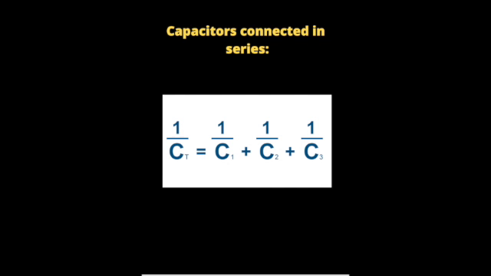And we can rewrite that like 1 over C equivalent is equal to 1 over C1 plus 1 over C2 plus 1 over C3. So we can say that the equivalent capacitance is equal to 1 over C1 plus 1 over C2 plus 1 over C3, and all of these terms to the minus 1.